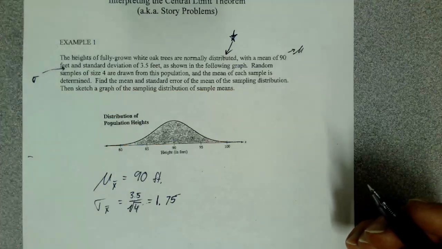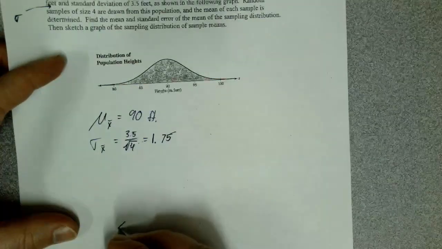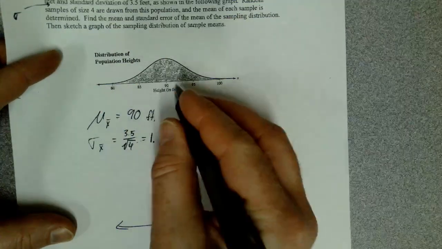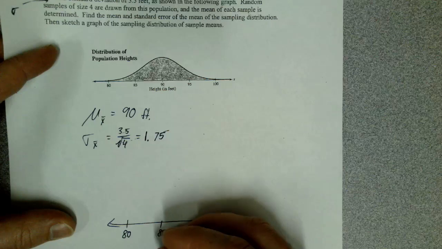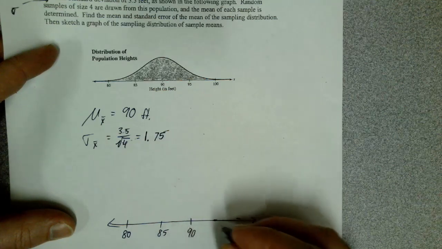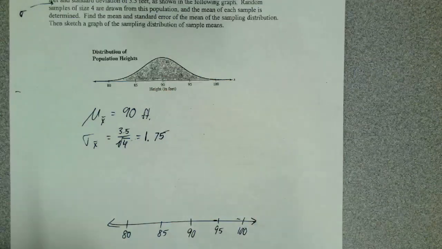Then we need to sketch our little graph here where we need those 3 points. So I'm going to keep this scale the same as I do this. So I'm going to go from 80, 85, 90, 95, 100. All right.